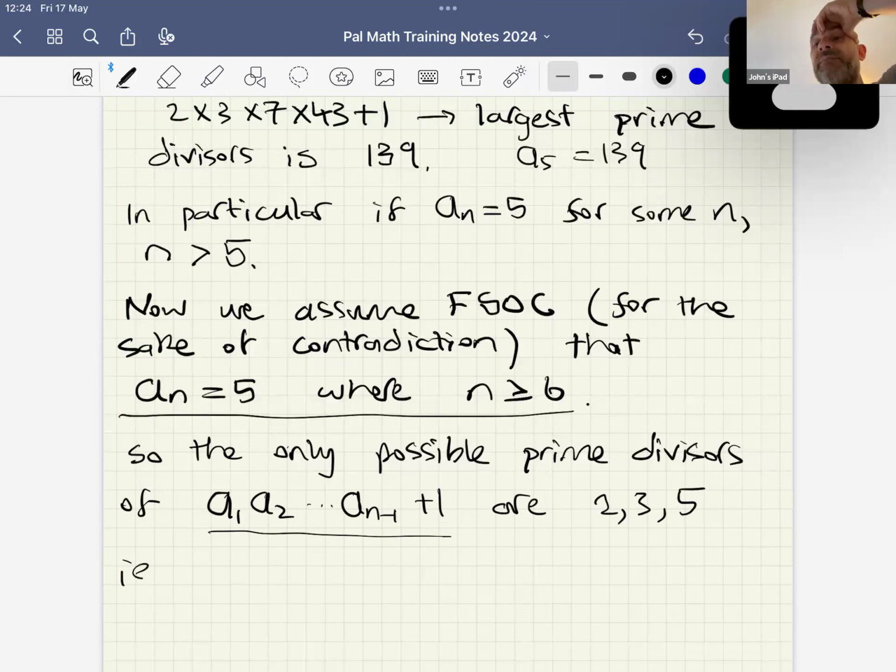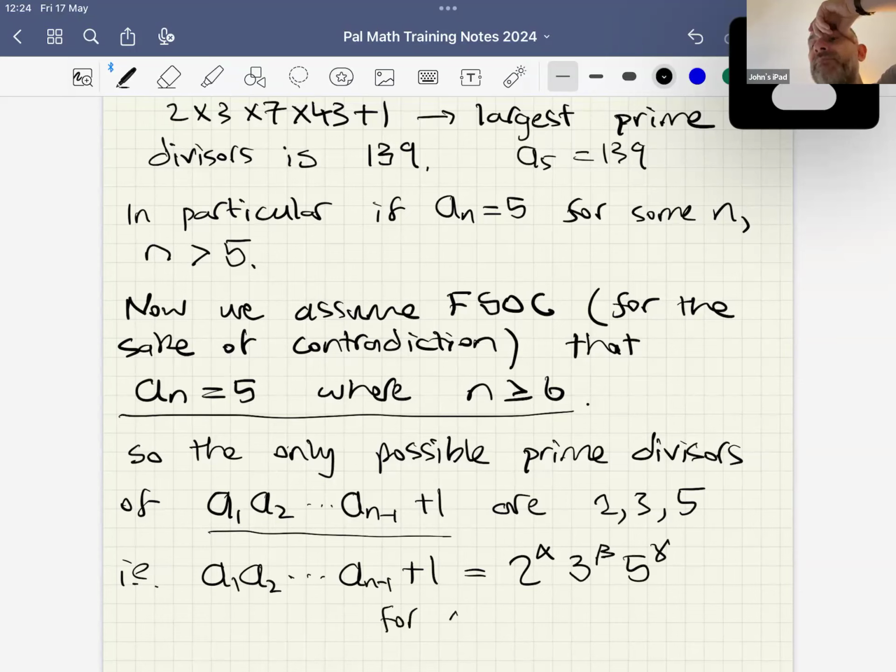In other words, when we write this in terms of its prime factors, we can write it as 2 to the alpha times 3 to the beta times 5 to the gamma, for some alpha and beta greater than or equal to 0, and gamma greater than 0, because 5 is a prime divisor.